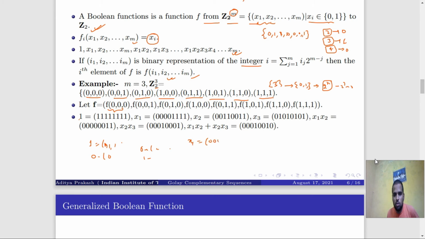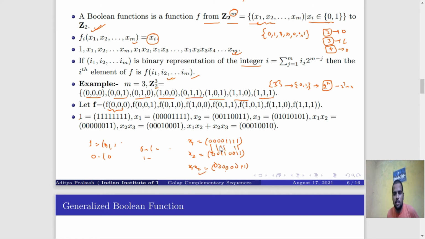Suppose we take x1 as 0 0 0 0 1 1 1 1, and x2 we take as 0 0 1 1 0 0 1 1. Now for x1x2, we simply multiply these terms: that gives 0 0 0 0 0 0 1 1.